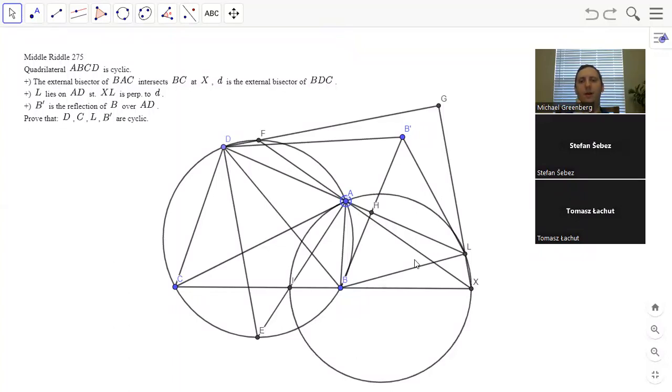ALX, it's the Apollonius circle. So every point on it has B as the angle bisector. So let's think about, or how do I say that? Or I is the angle bisector. So LI bisects CLB.